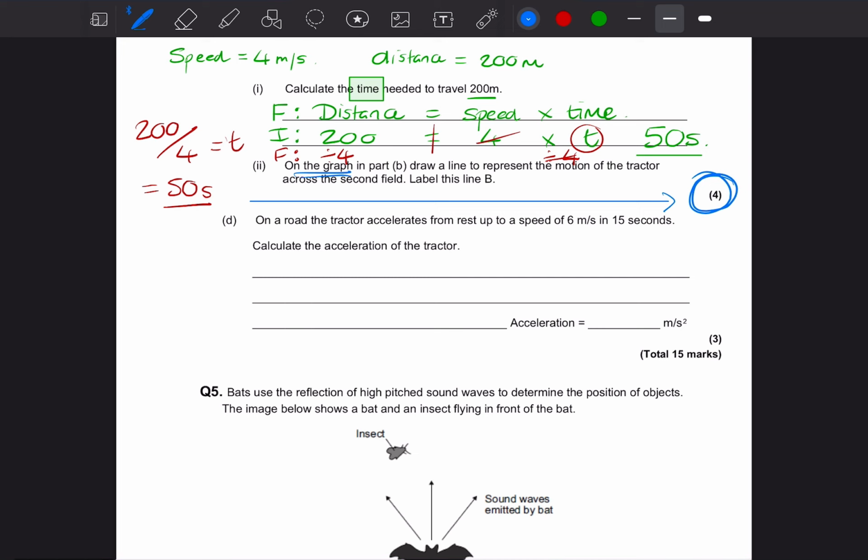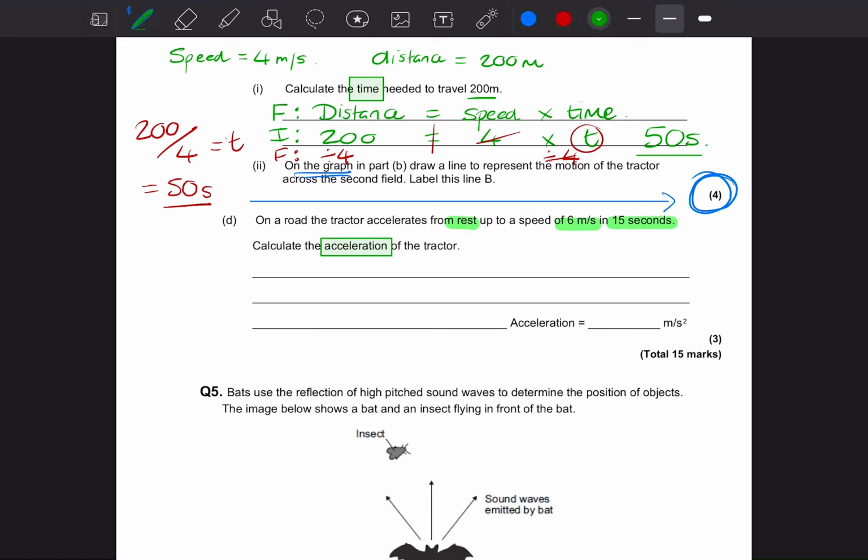On a road, the tractor accelerates from rest to 6 meters per second in 15 seconds. Calculate the acceleration. So we want acceleration, so we're going to look for a formula that contains acceleration. We have got rest, 6 meters per second and 15 seconds.